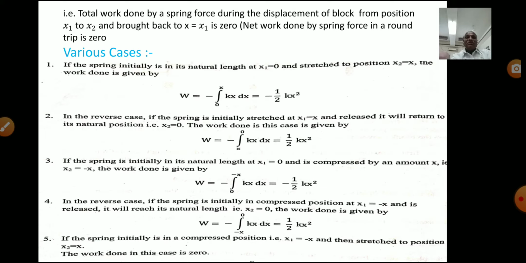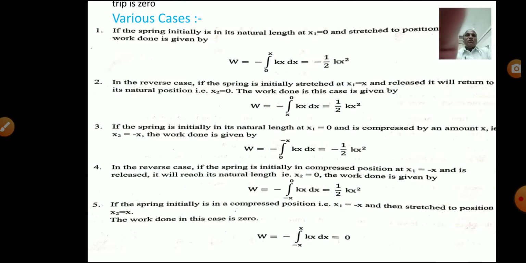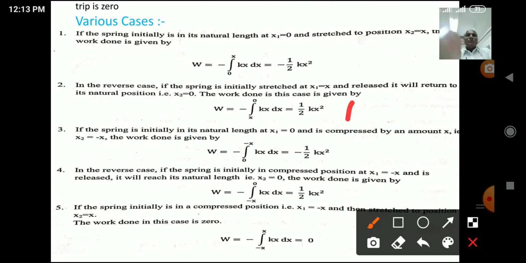Then the work done, this is the second case, will be W equal to minus k. The initial position is x and the final position is 0, so the limit is x to 0, kx dx. So this will again be minus minus becomes plus, so 1/2 kx square, upper limit minus lower limit.